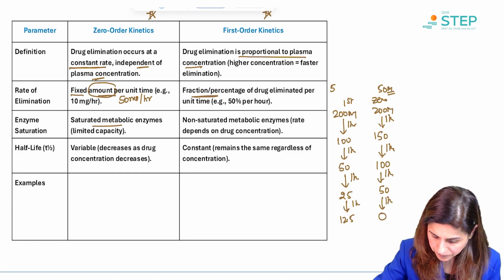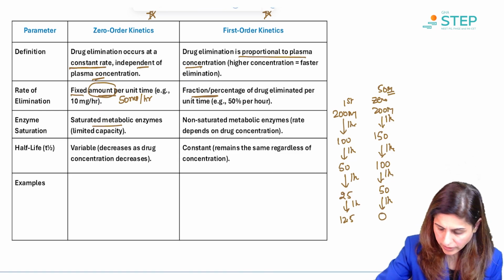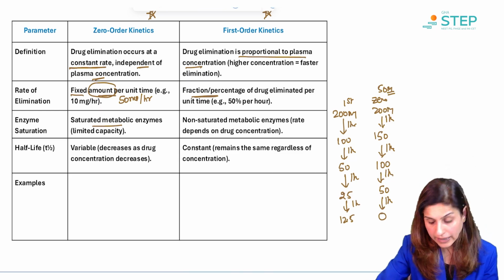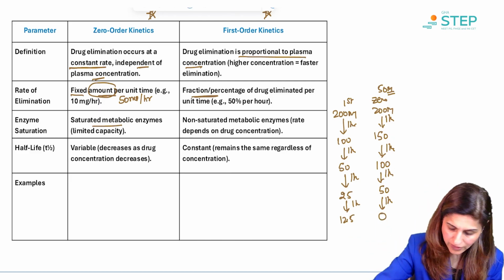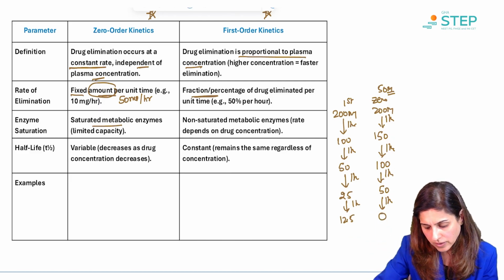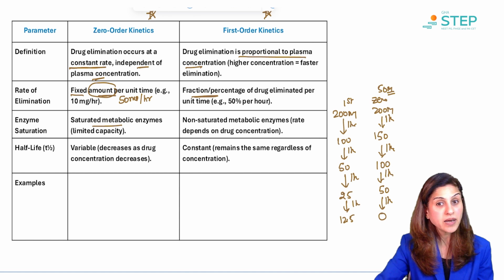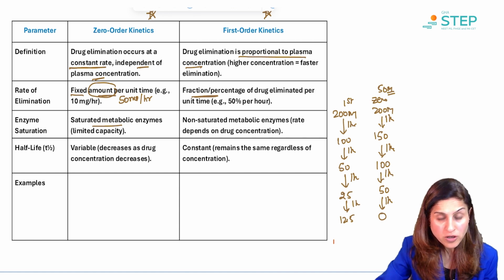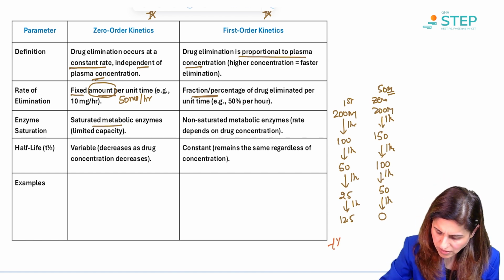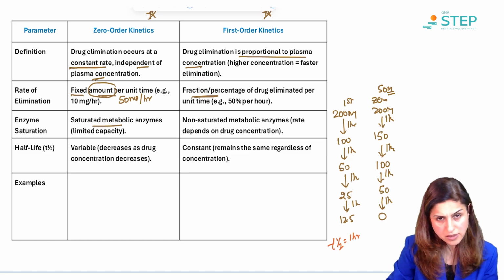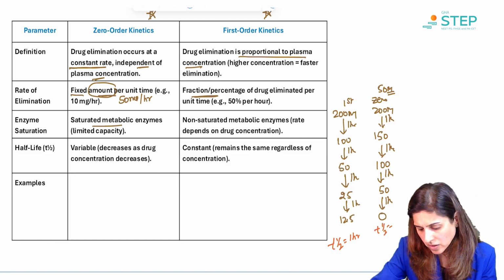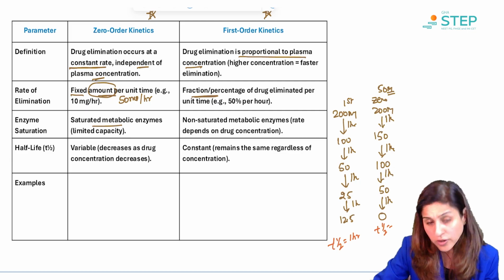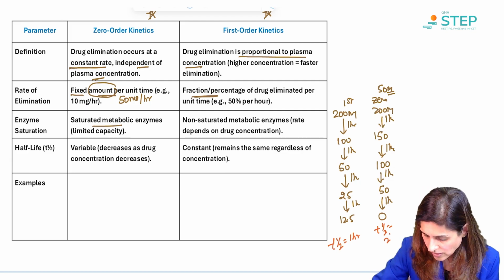Let's see here. Very important. Here you're seeing first order kinetics. If you talk about the half-life, let's see what is happening to the half-life. In first order, every 1 hour, the drug is reducing to 50% of the original concentration. So here the half-life is 1 hour. It is staying constant. Let's see what is the half-life here. From 200 to 100, it took 2 hours.